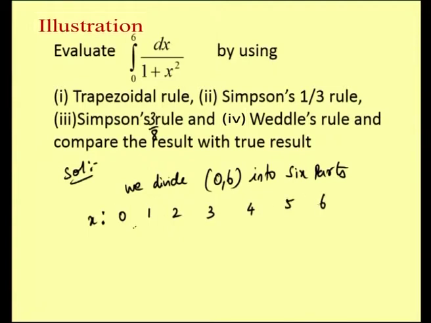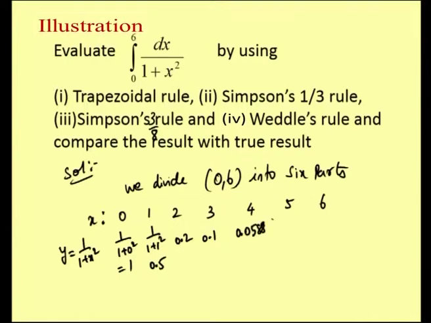So, the number of intervals is 6, the number of given items is 7, and f of x or y is equal to 1 by 1 plus x squared. So, 1 by 1 plus 0 squared is 1. Similarly, 1 by 1 plus 1 squared is 0.5, 0.2, 0.1, 0.0588, 0.0385 and 0.027.